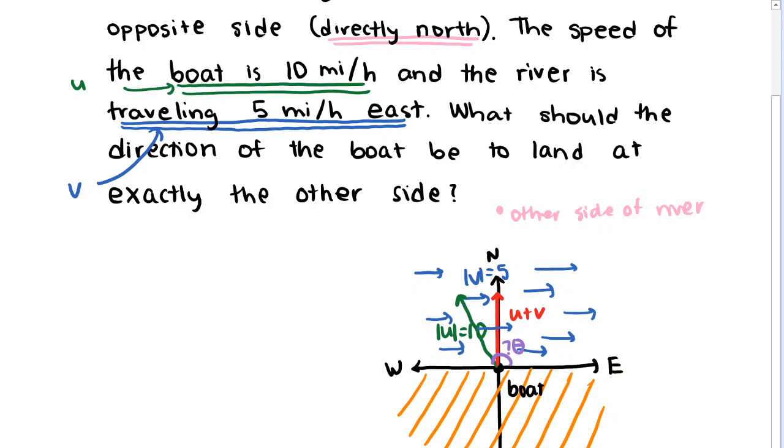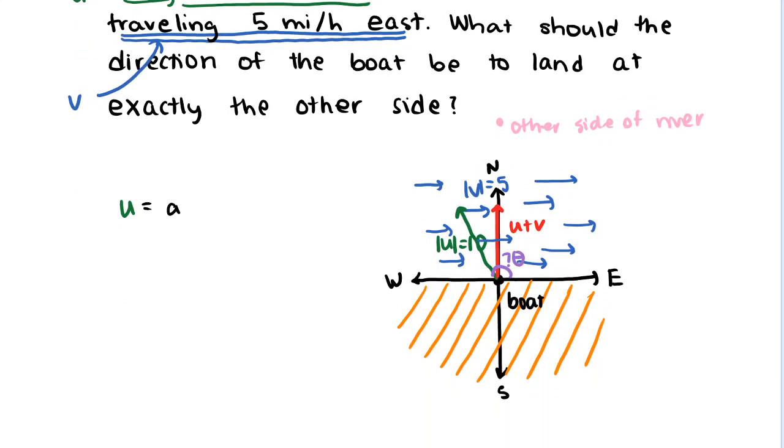So these are all the pieces of information we want to incorporate into finding the angle of our boat vector. Let's start writing some component form vectors for u and v, so that when we add them, we can draw some conclusion about u plus v. We don't know what u is equal to, but we know that u has some component form: a times i plus b times j.